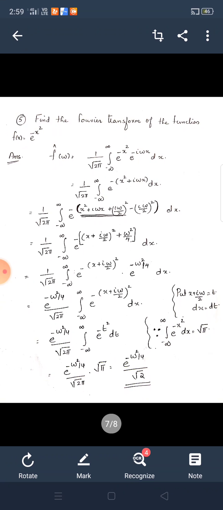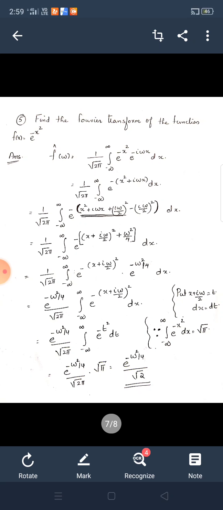So minus i omega by 2 squared, that term you are adjusting. So the part which you have underlined will become e raised to minus of x plus i omega by 2 the whole square, plus omega square by 4, dx.